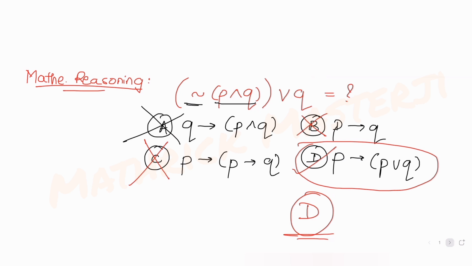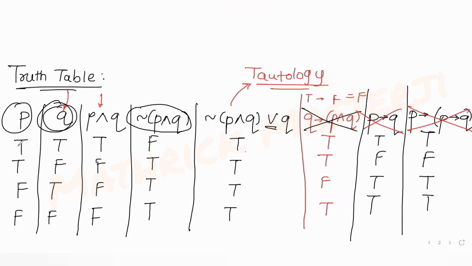But let's also see whether it gives you all the truth values as T. It should. It says P implies P cup Q. I do not have P cup Q, so I have to find P cup Q first.